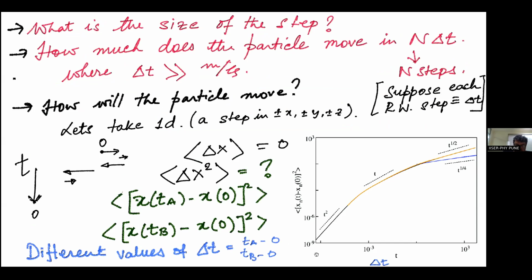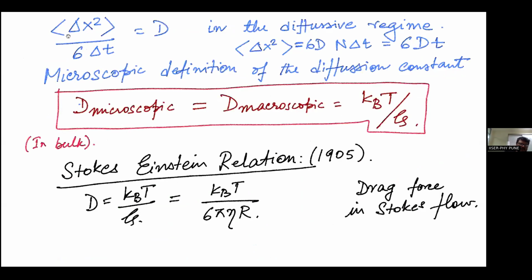So if you plot it, this is well averaged and plotted in the log scale. And only then you will get MSD goes as t here, this part.